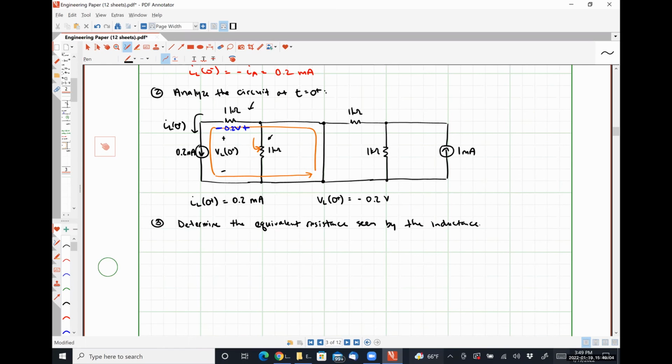Okay. So what does that mean we do? We take the inductor completely out, and we have to turn off all of our independent sources.